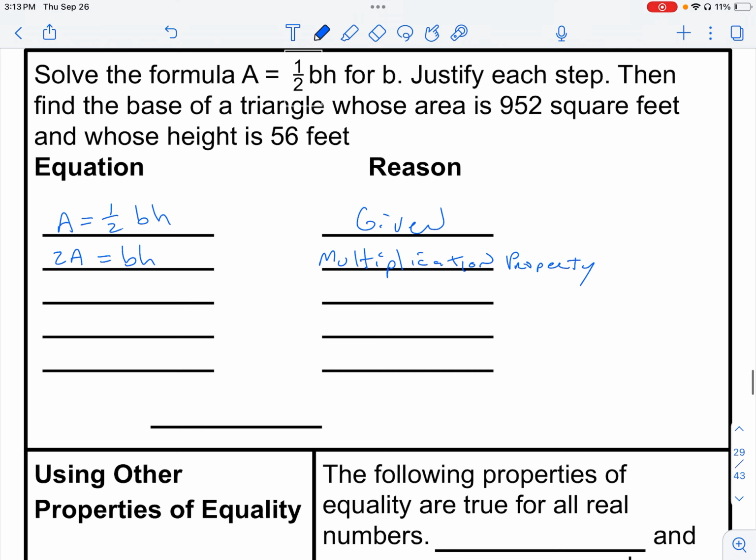All right. So to get the b by itself, because we need b equals, we have b times h. So we got to get rid of the h, instead of multiplying by it, we got to divide by it. So we get 2a divided by h equals b. That's our division property.